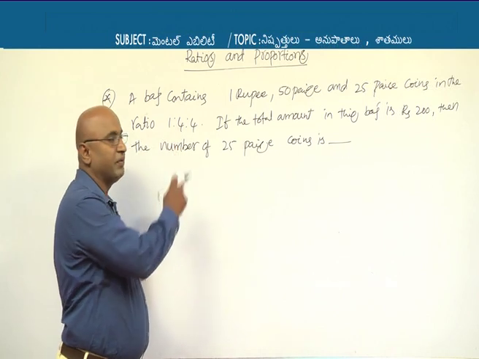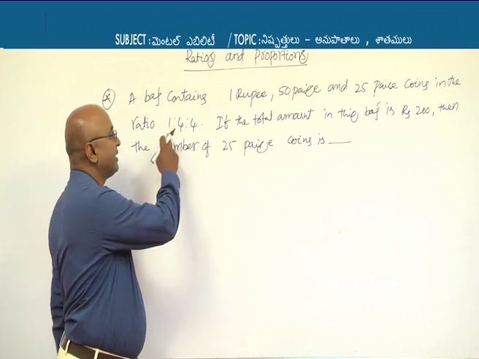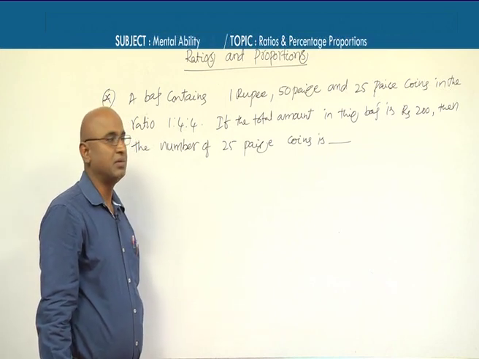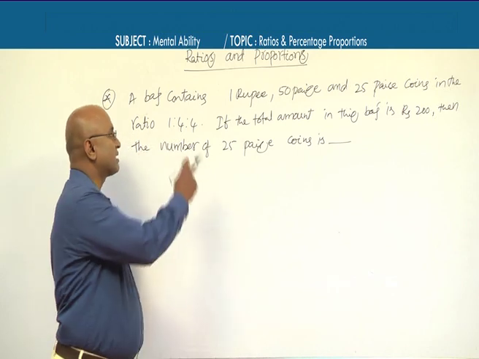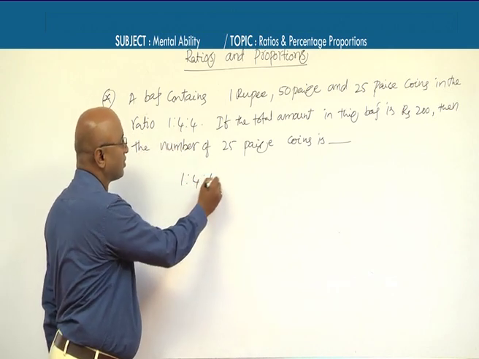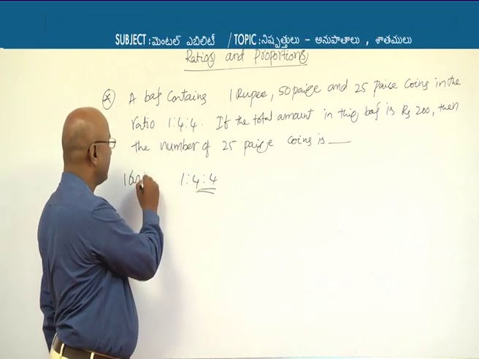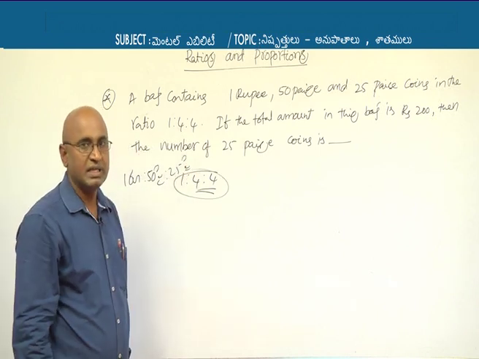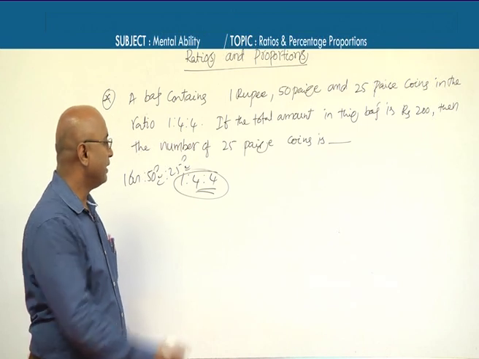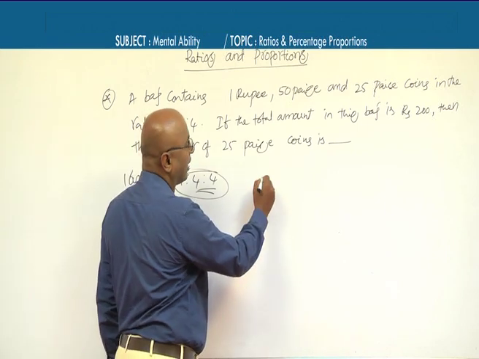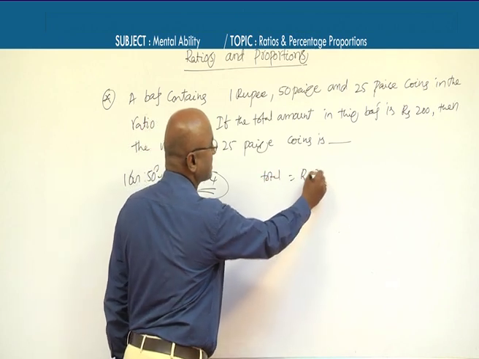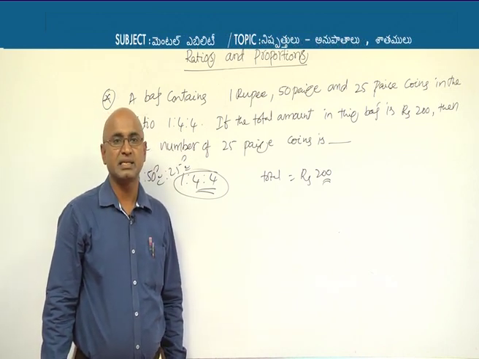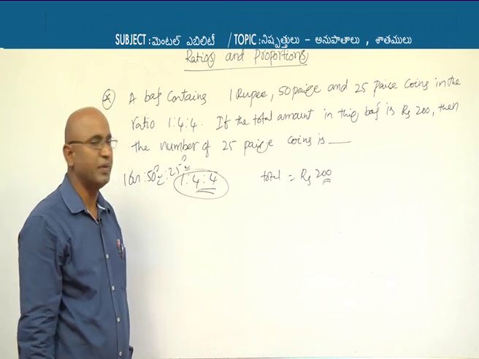The ratio of 1 rupee, 50 paise and 25 paise coins is 1:4:4. The total value of these coins is 200 rupees. What is the total number of 25 paise coins in the bag?